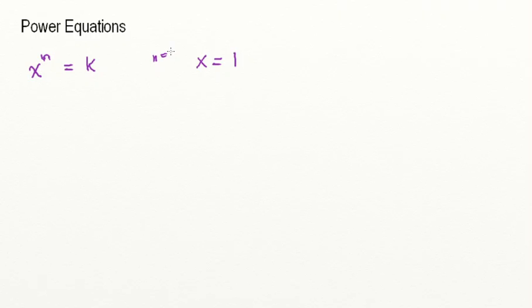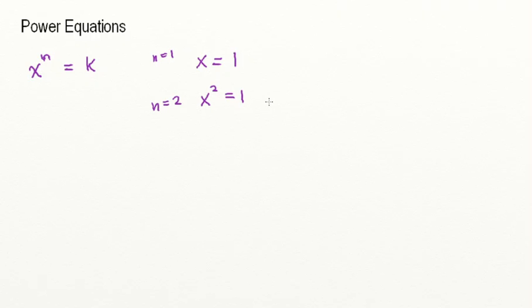The solution for x is 1. So this is n equals 1. What if n is equal to 2? So you would have something like x squared is equal to 1. In this particular problem, it might look simple again, because you could just argue, well, if x squared is equal to 1, then x is 1.